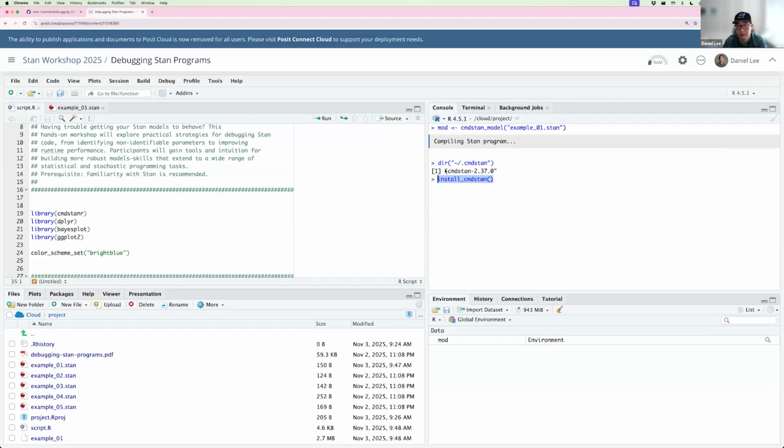Does anyone see CmdStan 2.36.0 or 2.37.0? Okay. So if that's what's happening, then we have to install CmdStan. So this will take a few minutes.